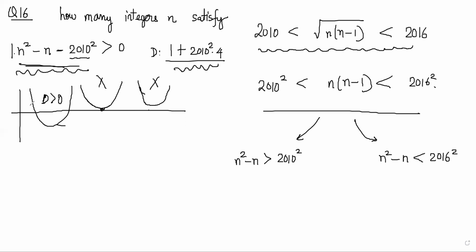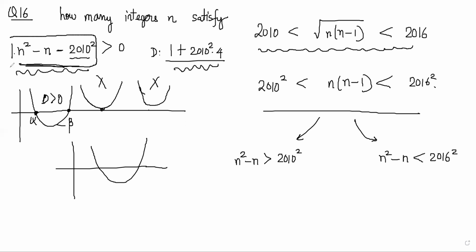Correct. So now notice that roots are here, alpha and beta, right? If my graph is going to be like this, then which portions of the graph will satisfy the condition quadratic polynomial is greater than 0, right? It definitely cannot be between the roots.